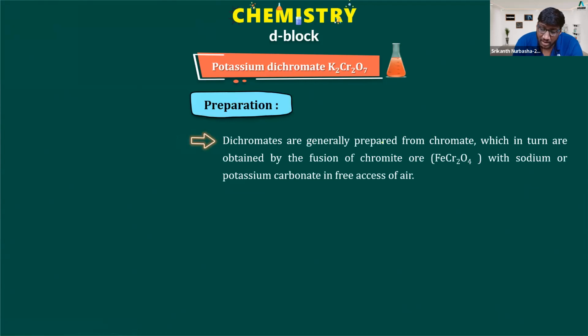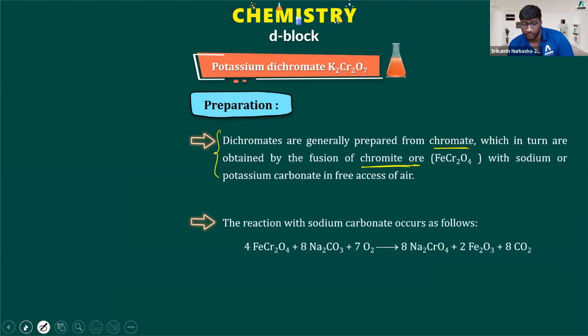Dichromates are generally prepared from chromate. Chromate is CrO4 2 minus, which in turn is obtained by the fusion of chromite ore, FeCr2O4, with sodium or potassium carbonate in the free access of air.